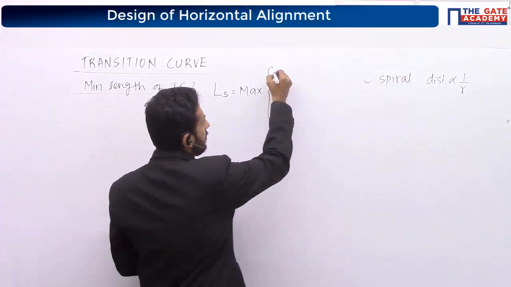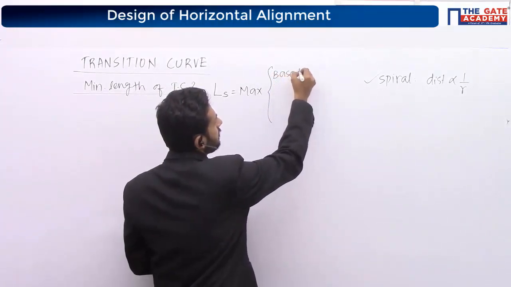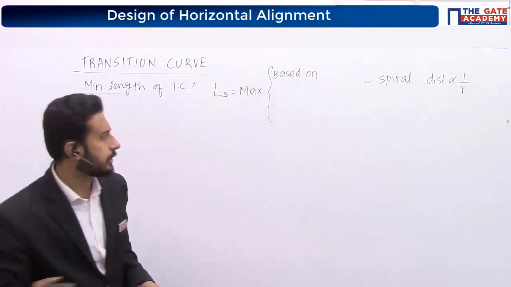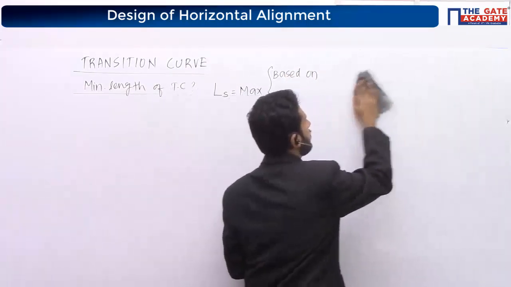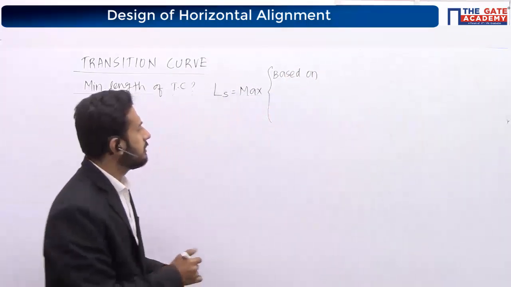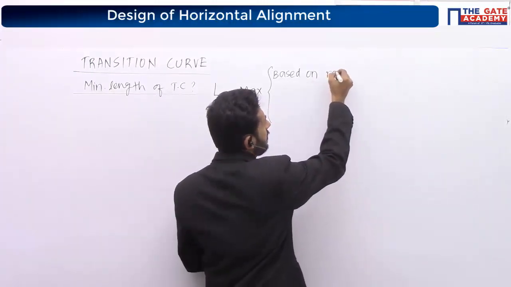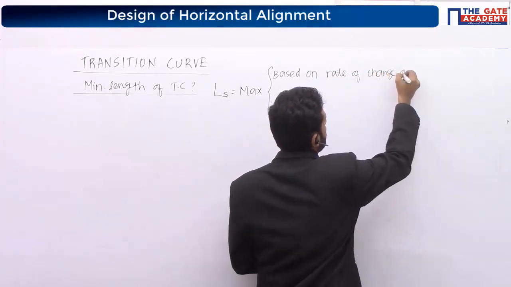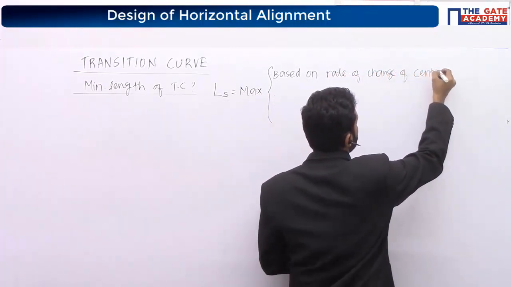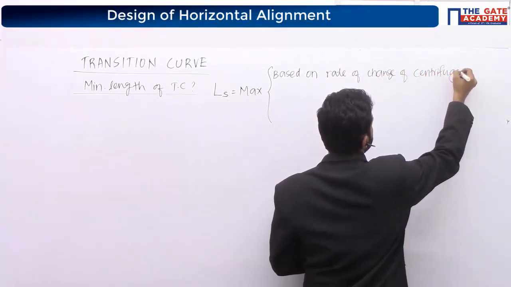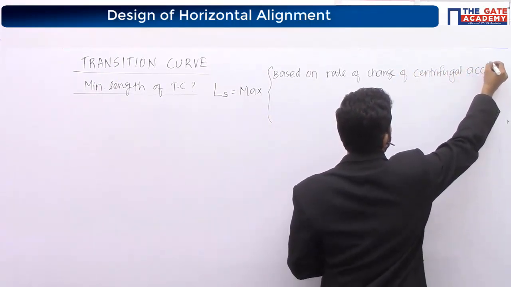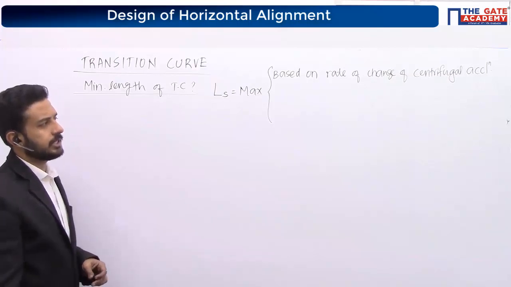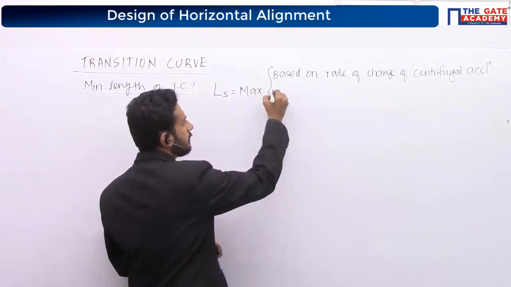I'm just rubbing that portion to write these things. You can also note this down. First, based on rate of change of centrifugal acceleration.